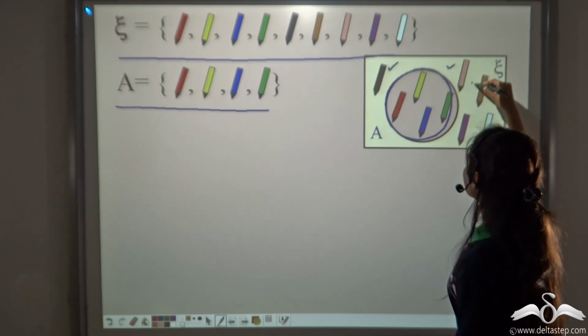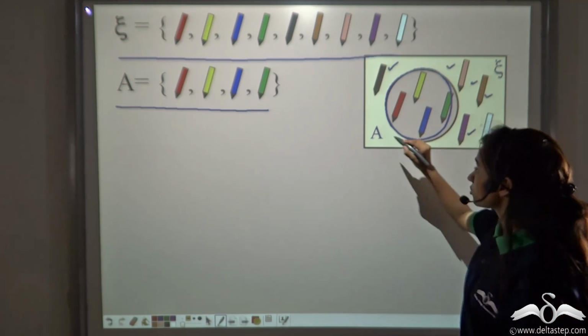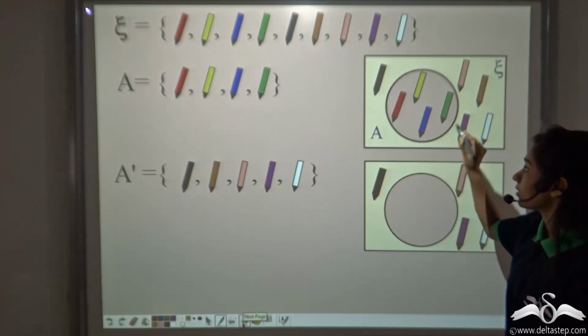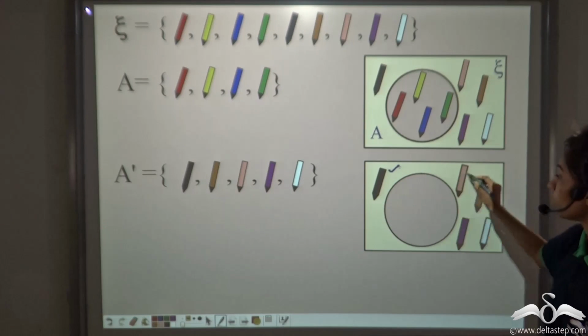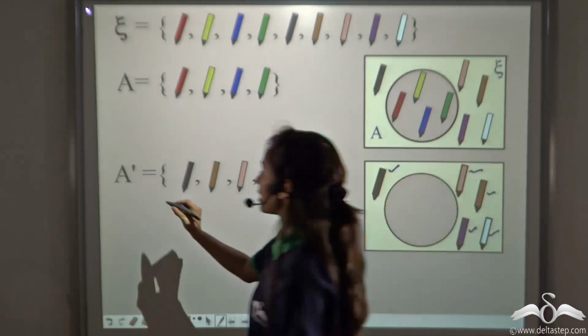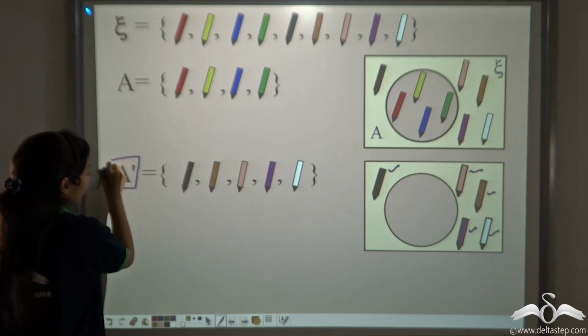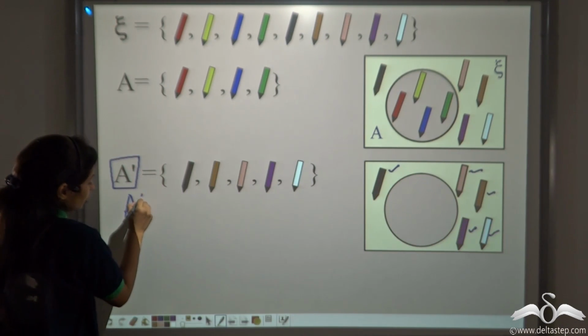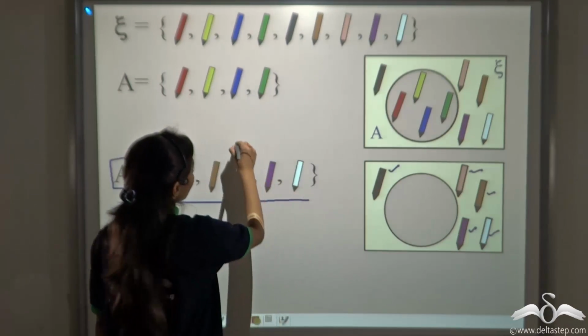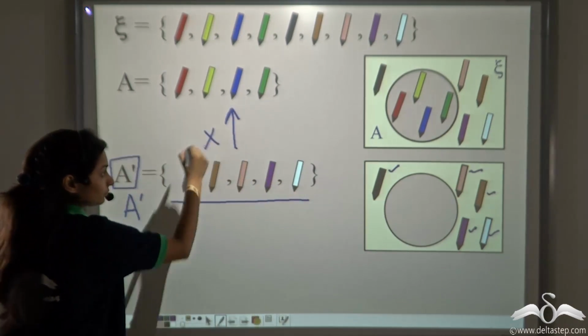The outer ones, which is not there in the set A. See, these outer pens which are not there in set A will be denoted as A complement, that is A dash, which will represent the elements which is not there in set A.